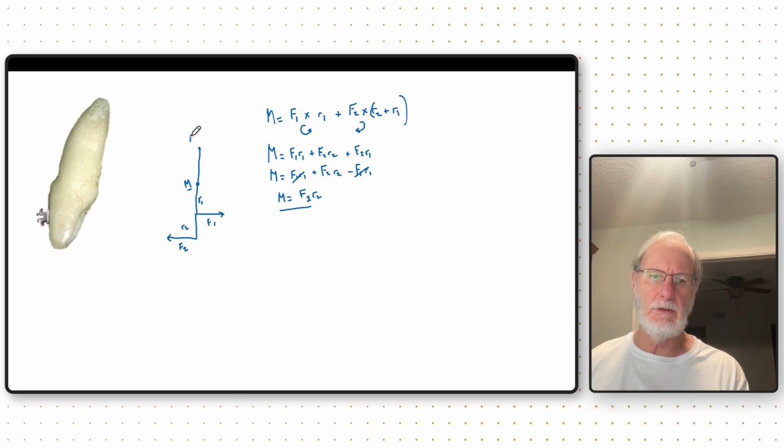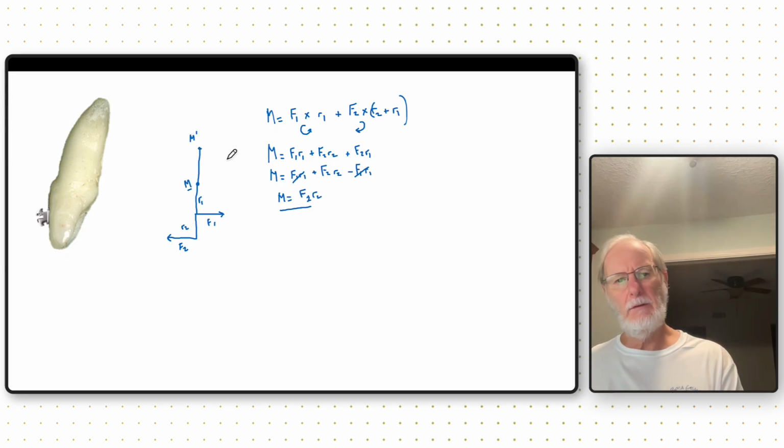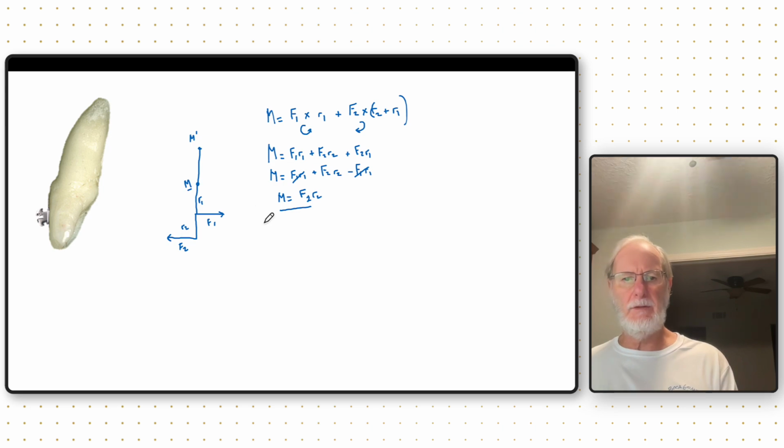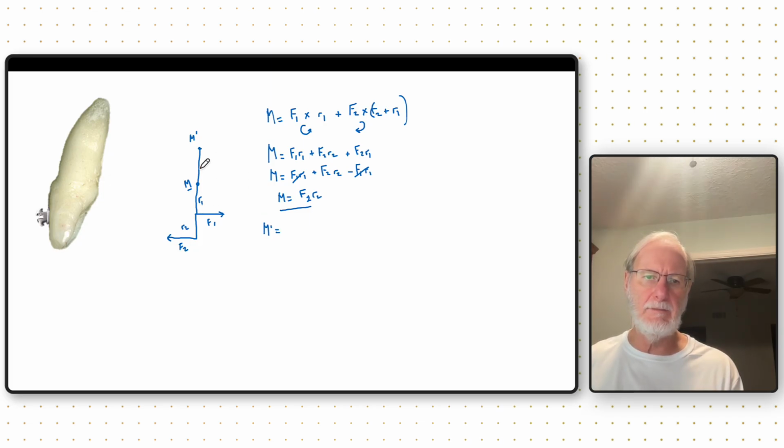So say, okay, maybe let's move now the point of application to M prime and see if now the point of application of the force makes a difference. So now we have M prime equals, this is the first moment, and let's call this distance R. R plus R1 times F1, so that's F1 times R1 plus R, right?